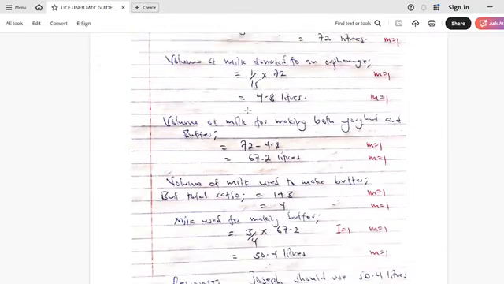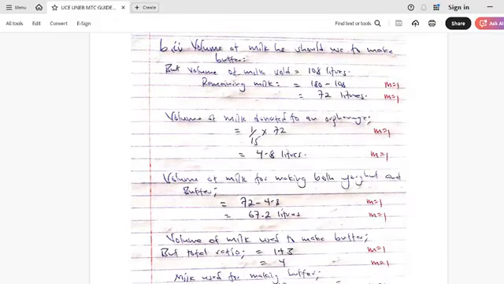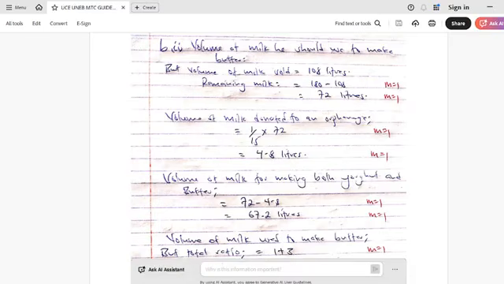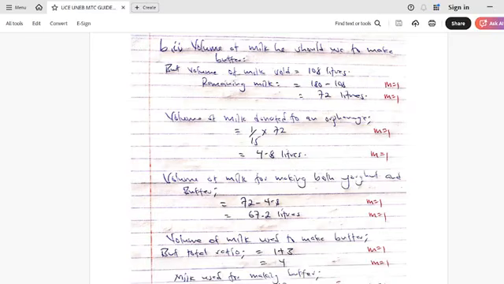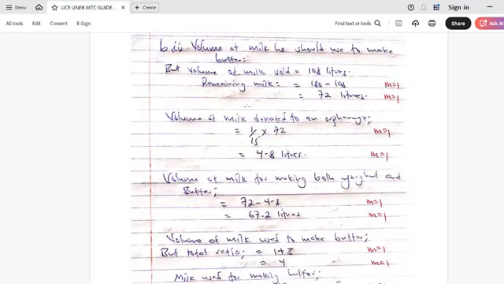Okay, so when you come here again, part B, Roman 2, like I've said, we cannot just rush into exactly where the task is, but we have to first derive. That's why you see volume of the milk you should use to make butter. Then we say the volume of the milk sold. What is the amount of milk that this man sells?